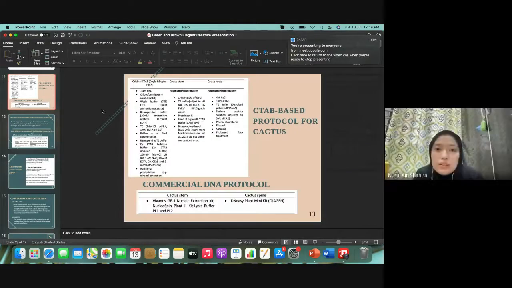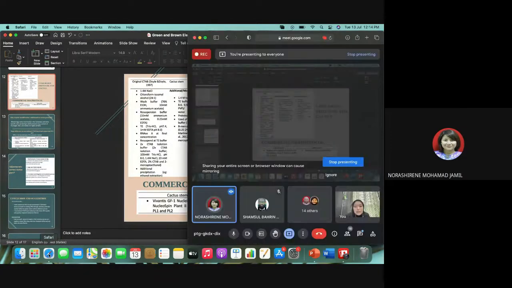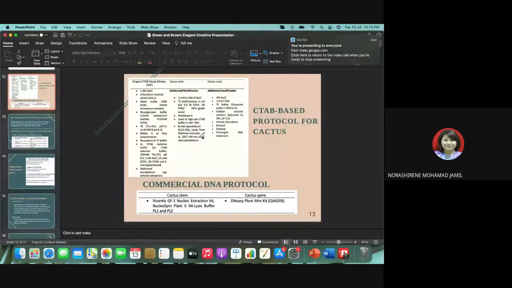Is it this one? Yes. Okay. So in this CTAB-based protocol, you mentioned that there's an additional modification where one of the studies suggested to add beta mercaptoethanol. Do you know what is the purpose of beta mercaptoethanol?